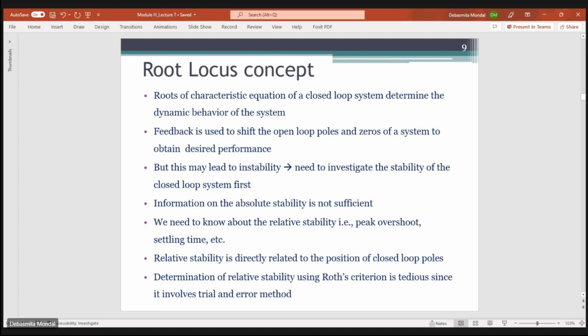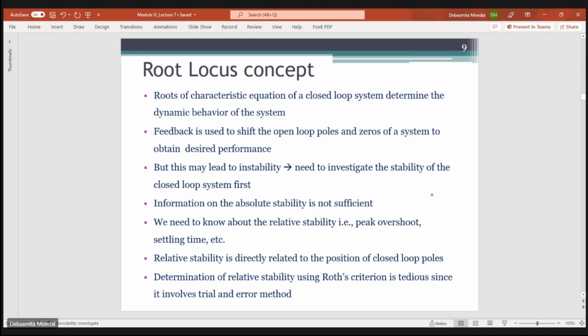But you never know how shifting that pole to another position is affecting the stability of the system. So we need information about the relative stability. Relative stability will affect the peak overshoot, the settling time, all these things. And this relative stability is directly related to the position of the closed loop poles.